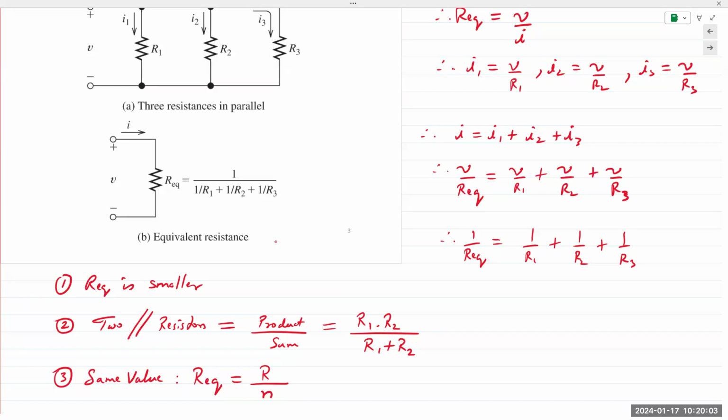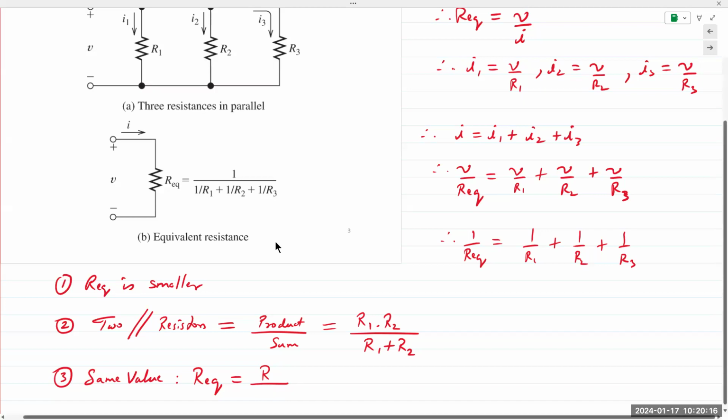And you can try that with any number of resistances: 2, 3, 4, 5, 10, 50, 100, 1,000, always work. So again, where N is the number of resistors in that parallel network.